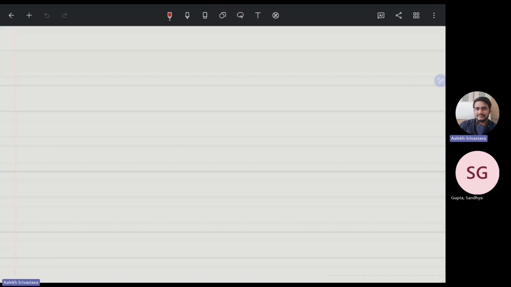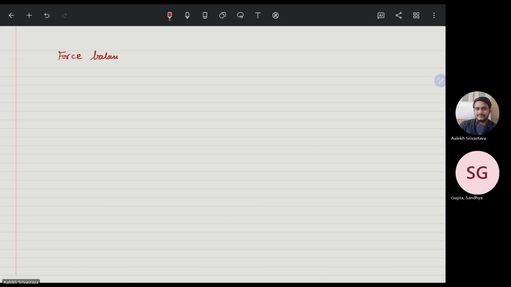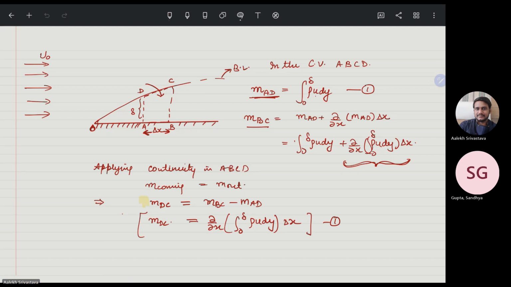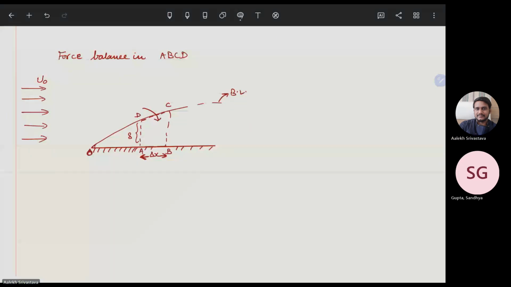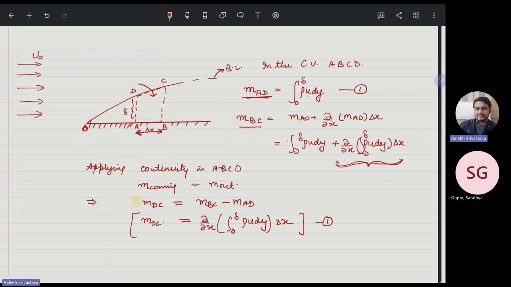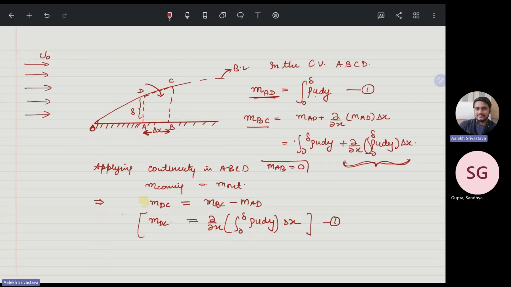Now we will apply force balance in ABCD. Last time we had taken this, we will just take this. Now we know that the mass of AD is equal to the integral from 0 to δ of ρ u dy, and also the mass of AB is equal to 0, no penetration.